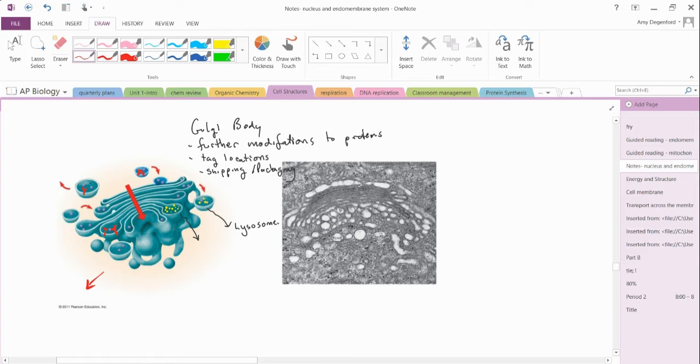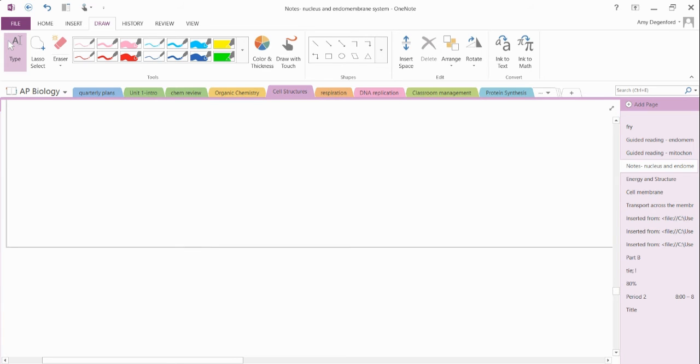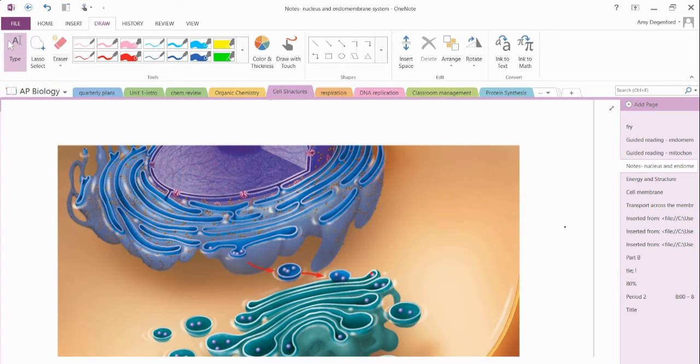I'm going to use that as an example because that's very important, because how they exist on the outside of the membrane dictates how they're going to appear within the vesicle. So these membrane proteins are going to travel embedded in the rough ER membrane and then embedded in the Golgi body membrane. And then if we put it all together, let's go ahead.